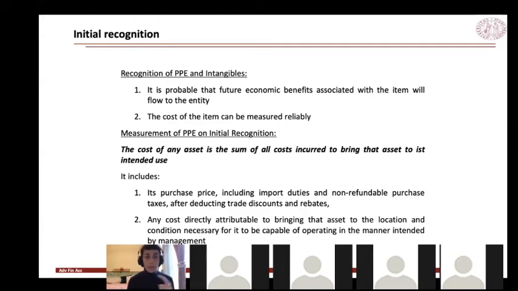What happens if we cannot recognize it? So if it does not meet these two criteria, what happens? We expense it yearly in the income statement. And usually, what's the effect on the net income?